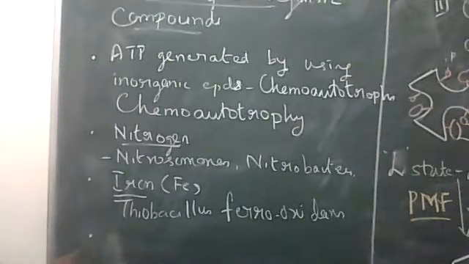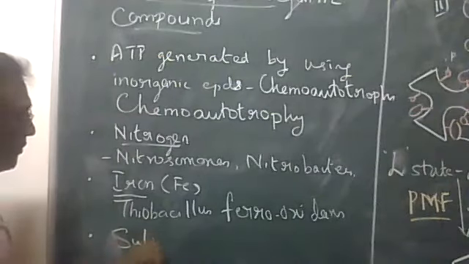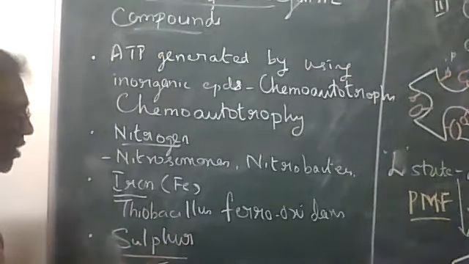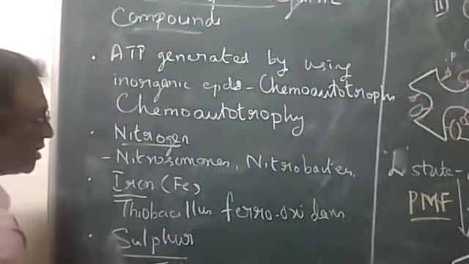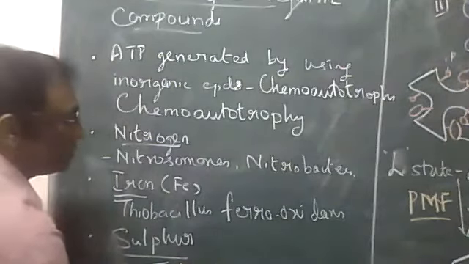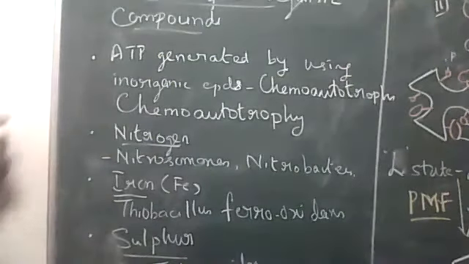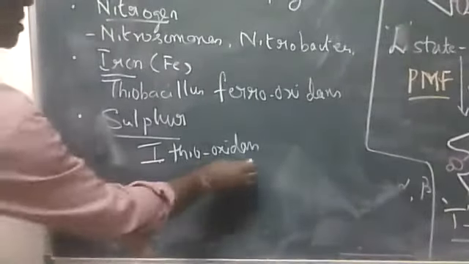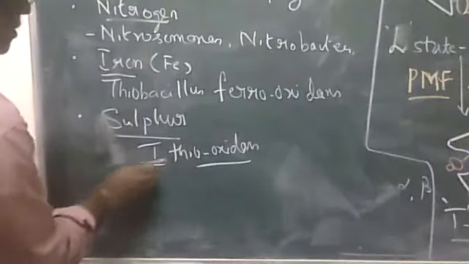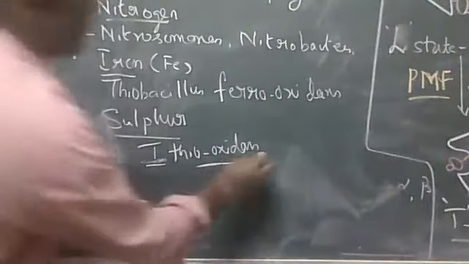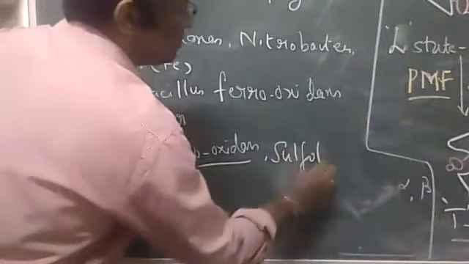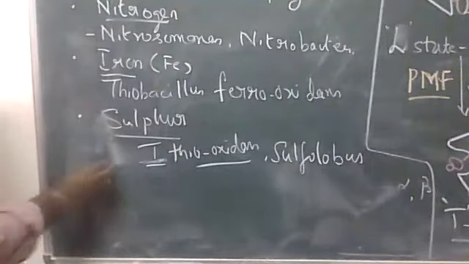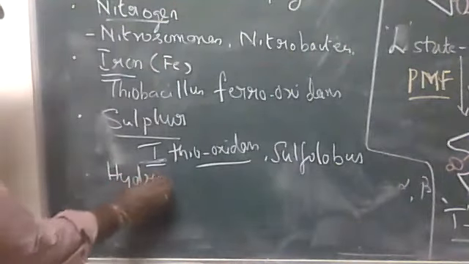Then some of them use sulfur. Sulfur oxidation we call it as. Example, Thiobacillus, same genus, Thiobacillus thiooxidans. Even Sulfolobus. There are certain organisms which use hydrogen gas.